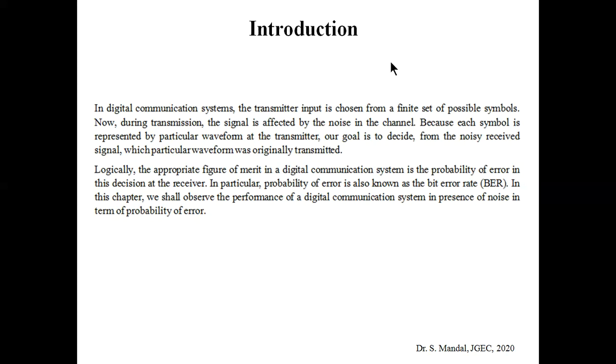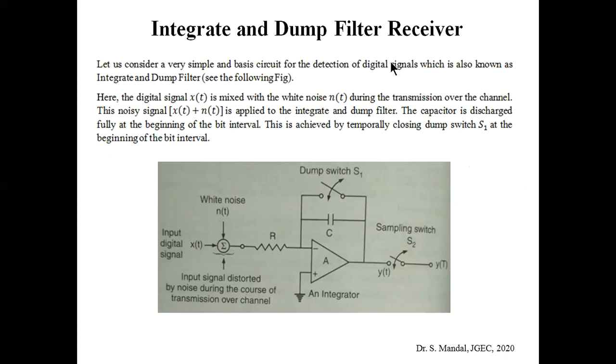So let's move to the first kind of receiver, which is a very simple and basic circuit for detection. For this particular type of circuit or receiver, we use an op amp integrator circuit. This is basically called the integrate and dump filter receiver.